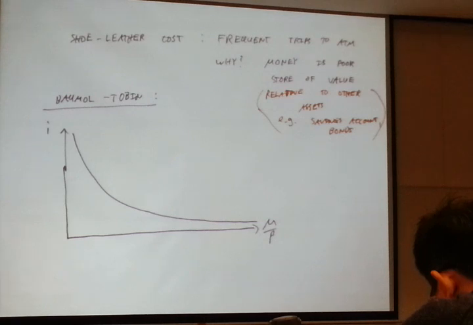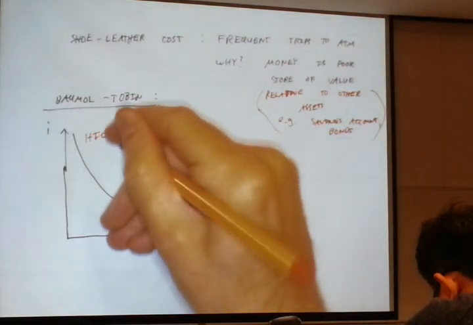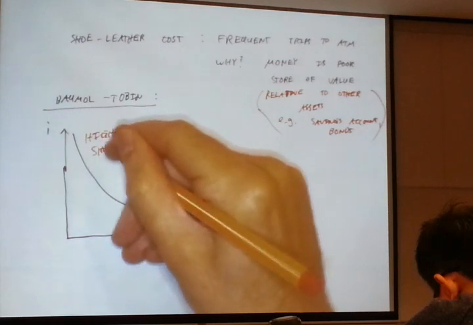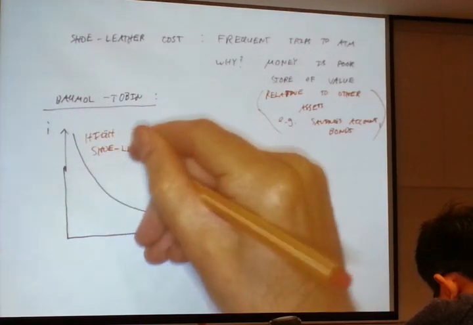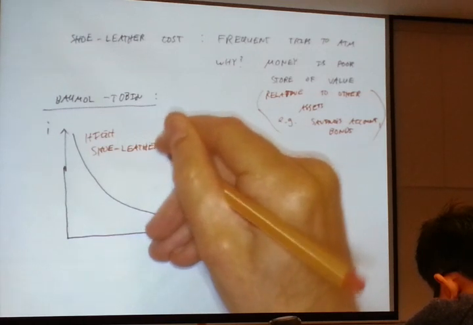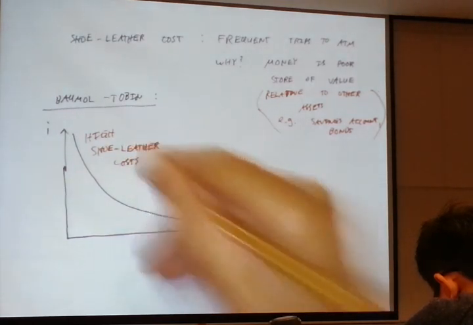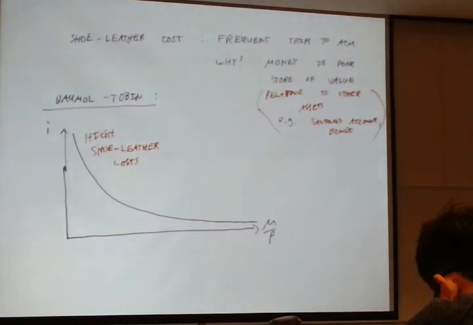However, you've still got to buy things every day. That means you've got to go to the ATMs very often. You don't have much cash in your wallet on average. At the right, you have a huge amount of cash in your wallet, so given the amount you're spending, you don't need to go to the ATMs very often. So this end of money demand is high shoe leather costs, or transaction costs as they're called in the Baumol-Tobin model. The upper end is low shoe leather costs.